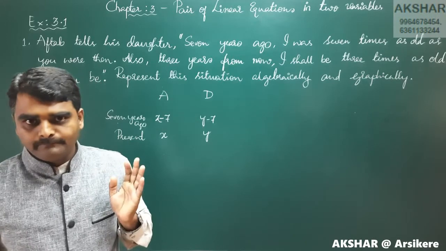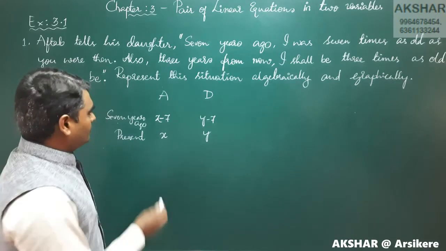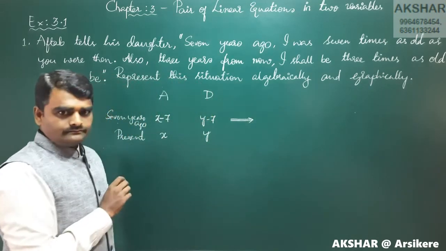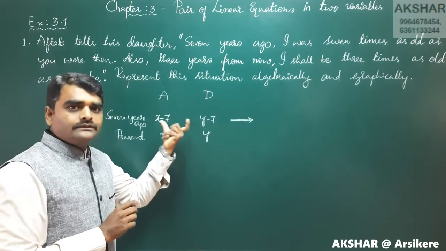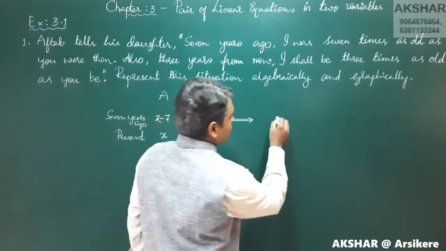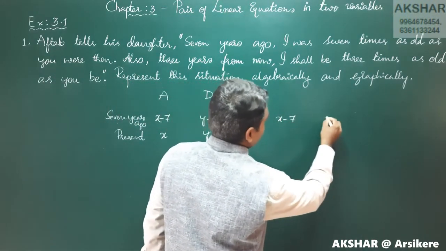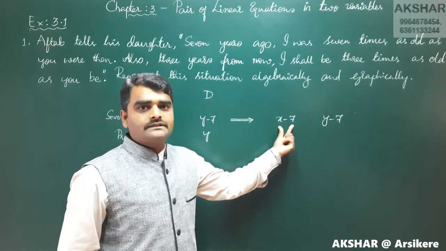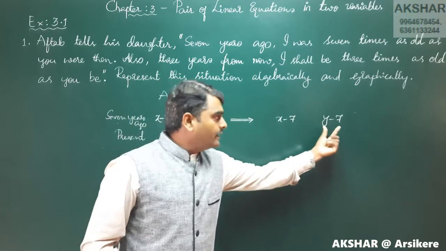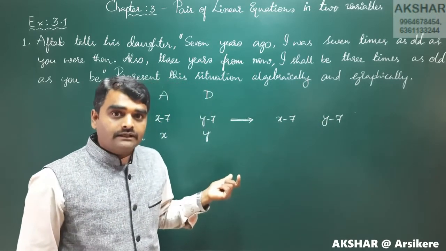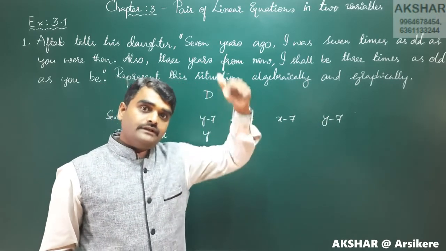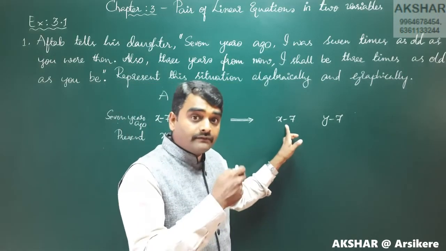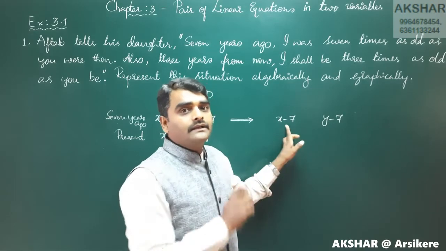Remember it carefully. What is the relationship between these two? This is x minus 7, the age of the father, and y minus 7, the age of the daughter, 7 years ago. 7 years ago, the father is 7 times as old as his daughter.